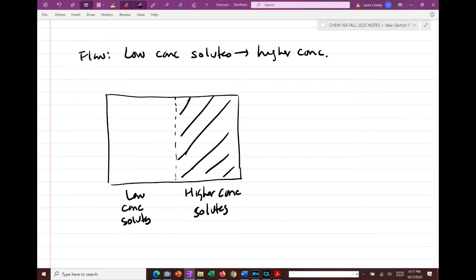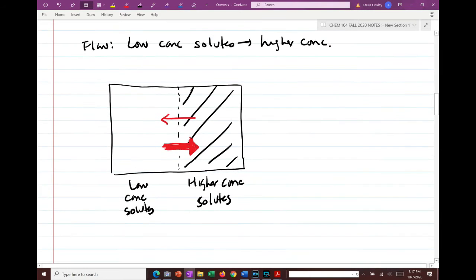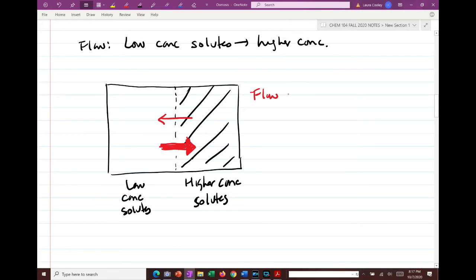And the answer is no. The water is actually flowing in both directions. It's just that the flow of water from the low concentration to the higher concentration is much greater than the flow of water the other way. So the flow left to right is much greater than right to left.